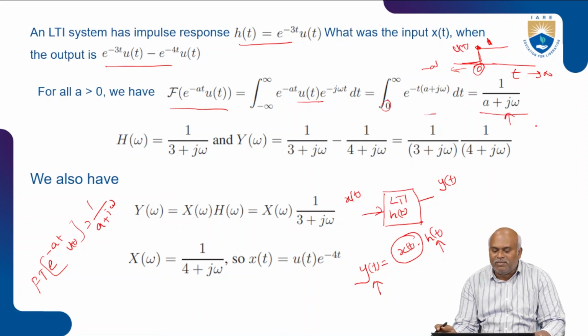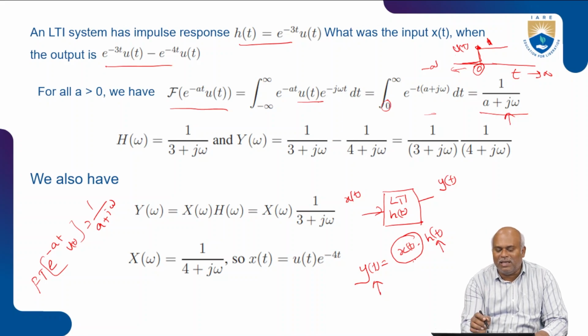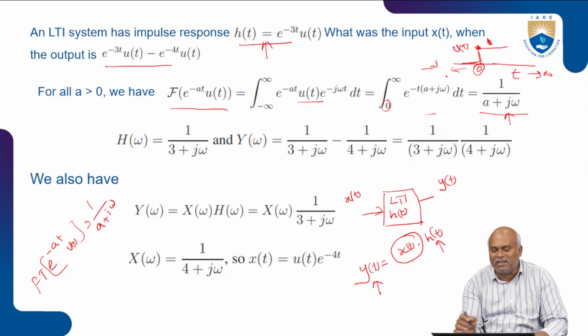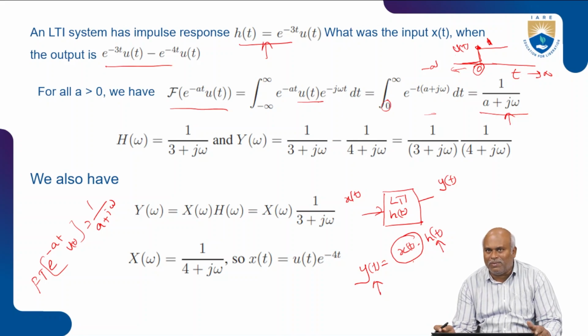Now we need to find x of t. We have the system function and we have the output function. So we take the Fourier transform for both the system response and the output response.